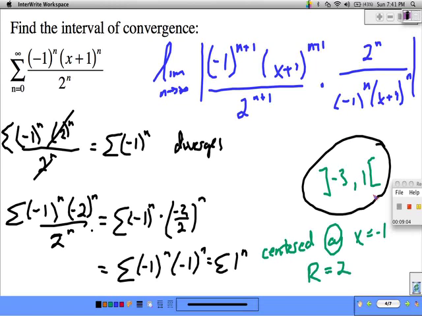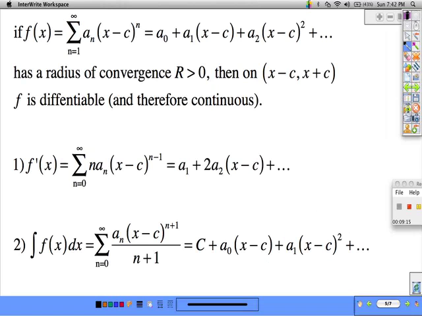One of these endpoints might actually work. So we do need to check the convergence for those specific values of x. Now, if we have this power series for a function, then on the interval of convergence, our function can be differentiated and integrated.